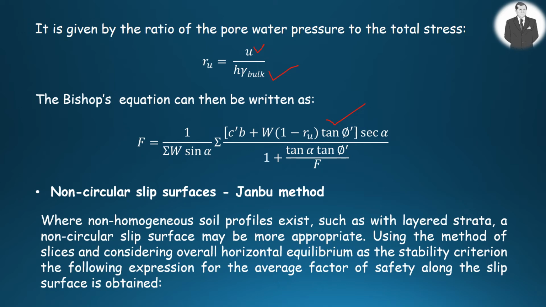When non-homogeneous soil profiles are encountered, such as with layered strata, a non-circular slip surface may be more suitable. Employing the method of slices and regarding overall horizontal equilibrium as the stability criterion, the following expression for the average factor of safety along the slip surface is obtained.